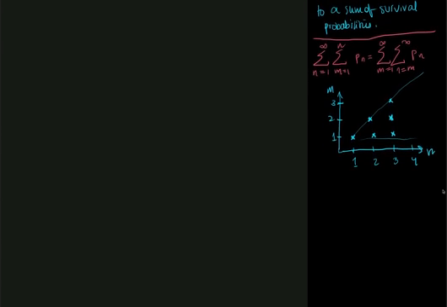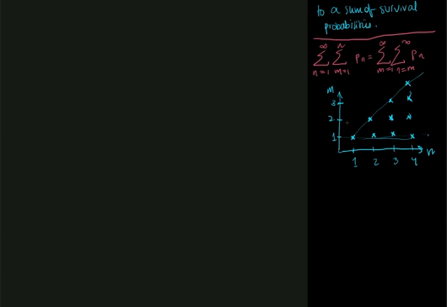Now, if we should think about how we can express these wonky crosses here in terms of m first and n second, how could we do that? So for m equal to 1, which is this line here, what can n be equal to? Well, then n is equal to 1, 2, 3, 4, and so on.